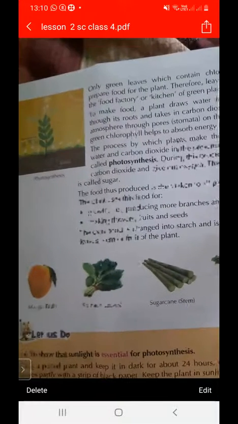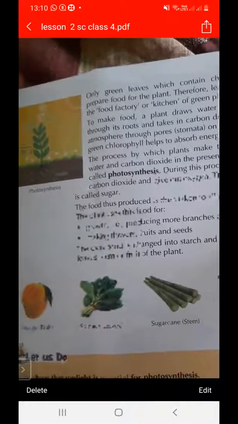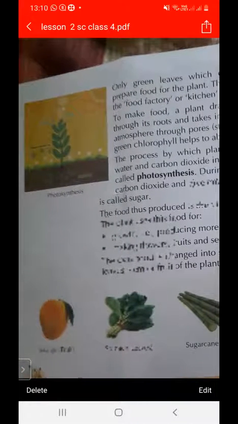As we know, in the parts of the plant, the leaf is called the food factory or kitchen of the plants, because only green leaves which contain chlorophyll prepare food for the plant.